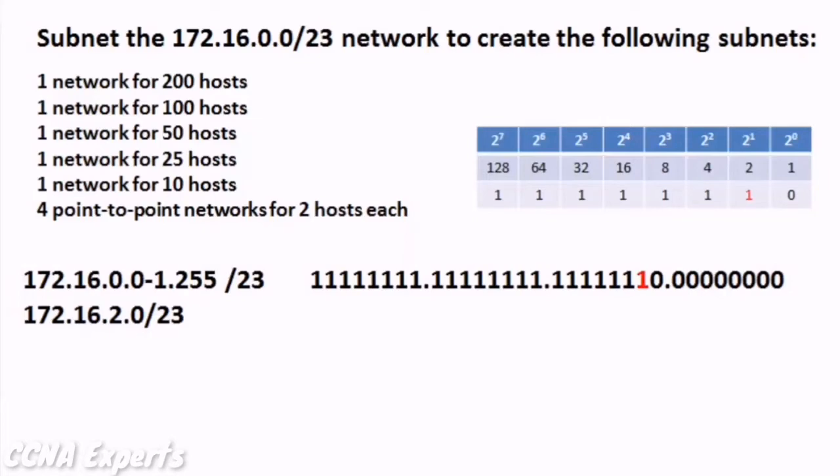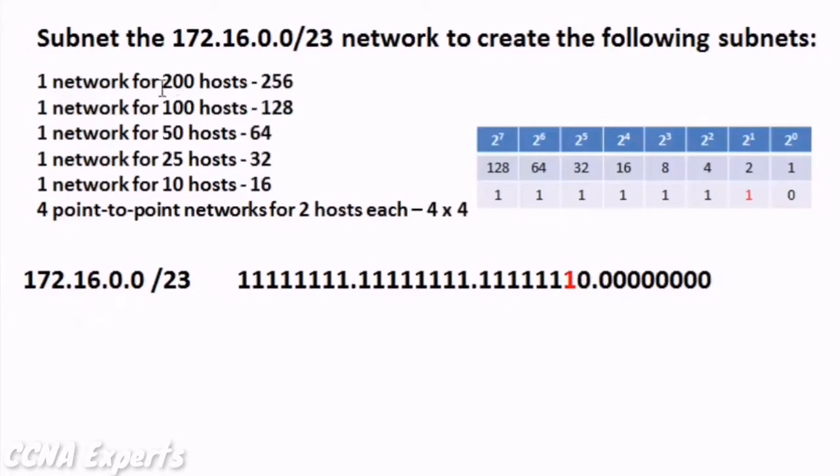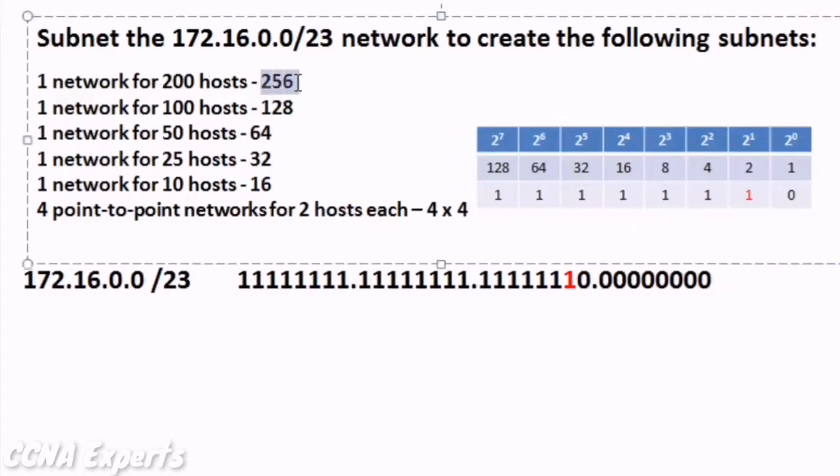Let's see if this is enough addresses to create all of these subnets for this specified amount of hosts. Starting from a /23 subnet mask, we have 9 host bits, so effectively there's 512 hosts. I cannot create a 200 host subnet, but I can create a subnet for 256 hosts. That number does not reflect the usable hosts, but the total number of addresses in the subnet.